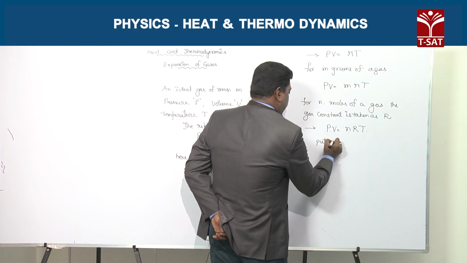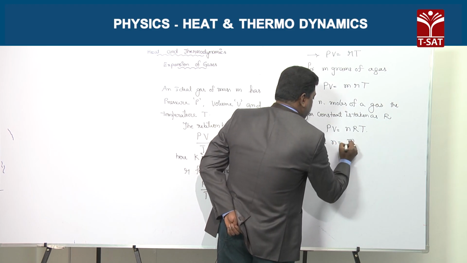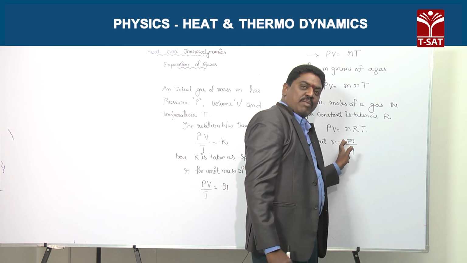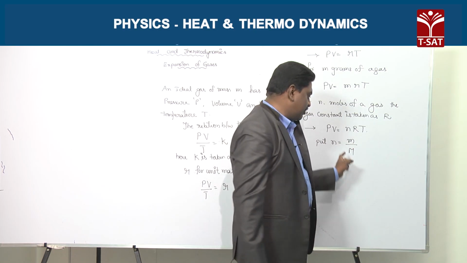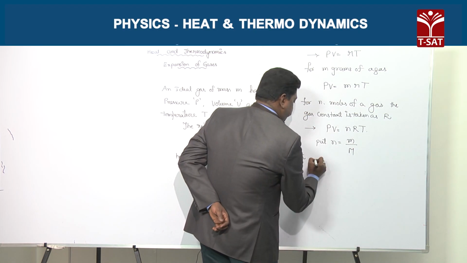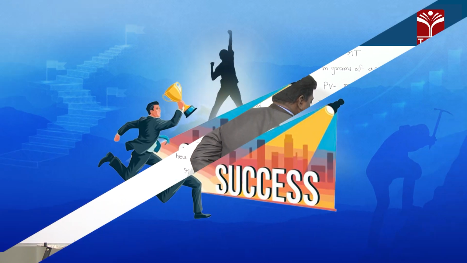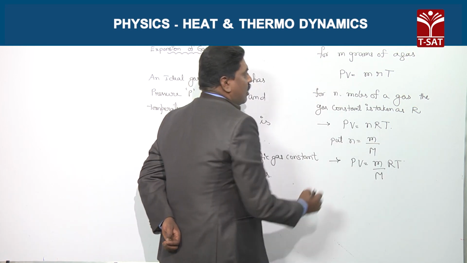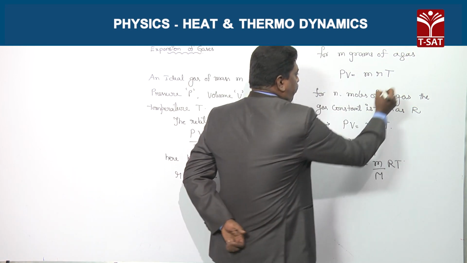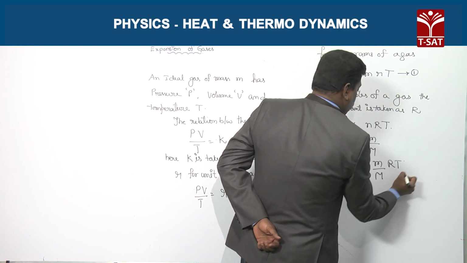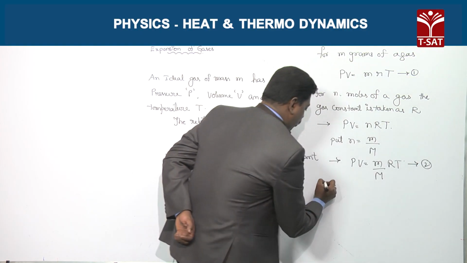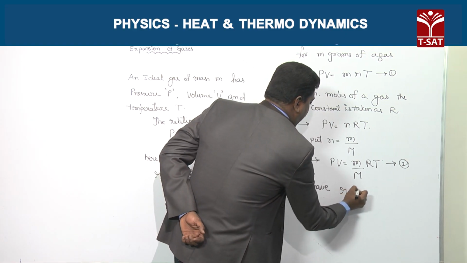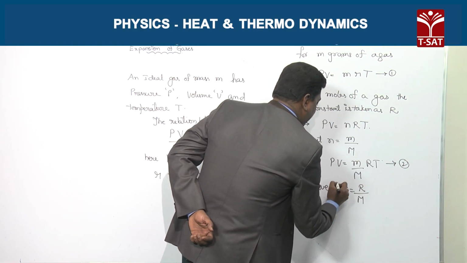Put n is equal to small m by capital M, where small m is mass of the gas and capital M is molecular weight of the gas, implies PV equals to m by M into RT. On comparing the equations 1 and 2, we have small r equal to capital R by capital M.